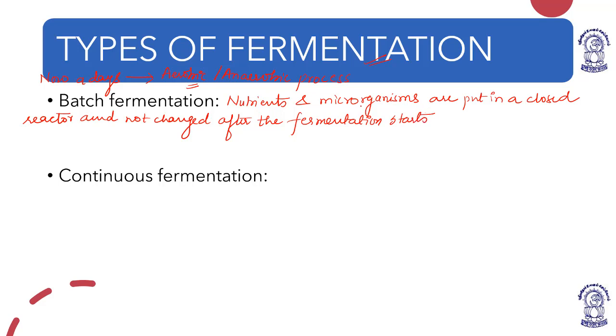After the fermentation starts, they are not going to change it. The example for batch fermentation is that once we have started the process, there will be no alteration in the concentration of the reacting mixture.